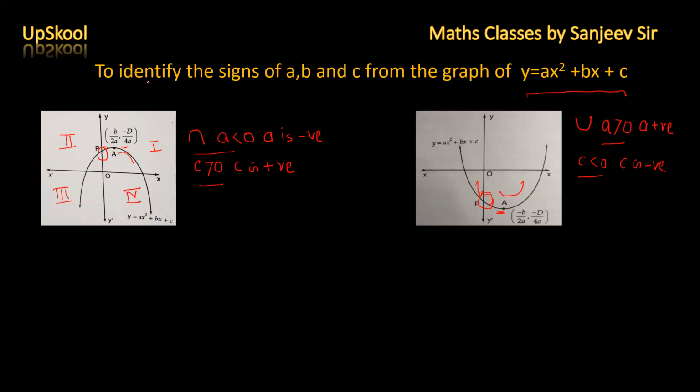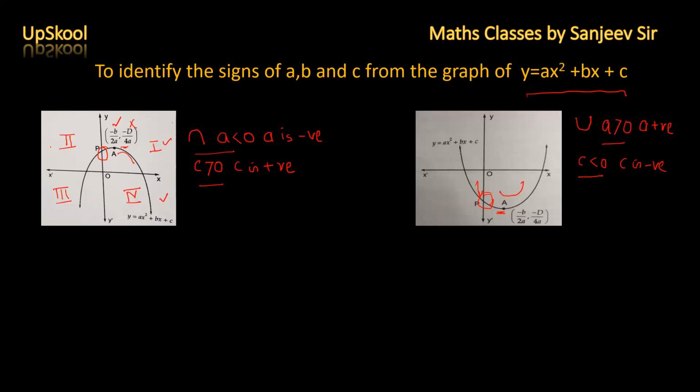We are concerned with the x coordinate of the vertex. We don't require the y coordinate to find the sign of b. Now, if the vertex lies in the first quadrant or fourth quadrant, it is positive.